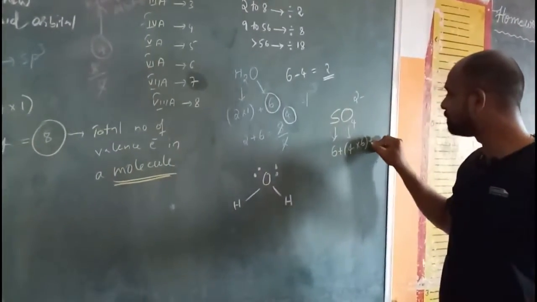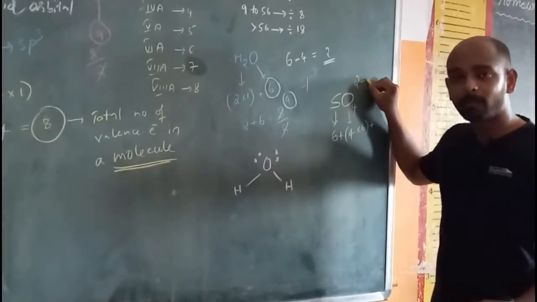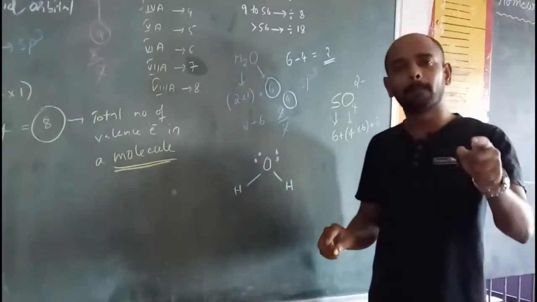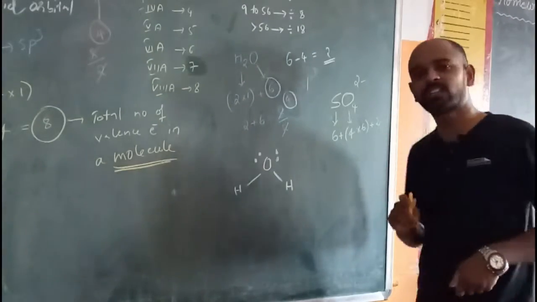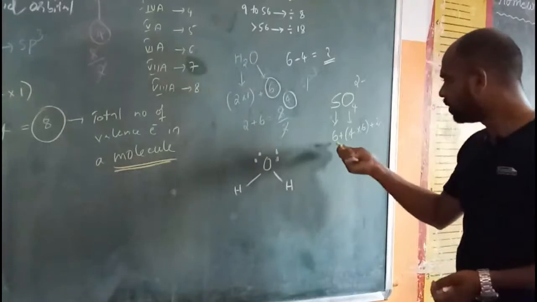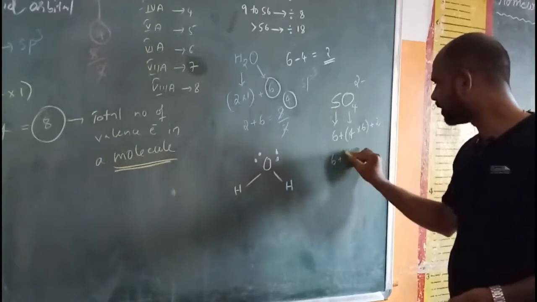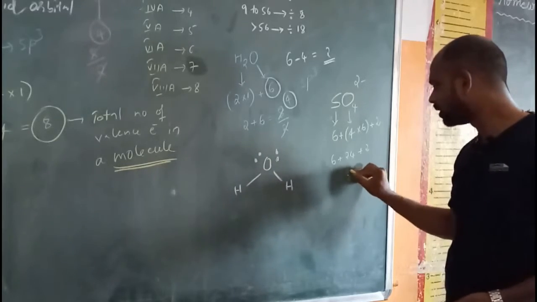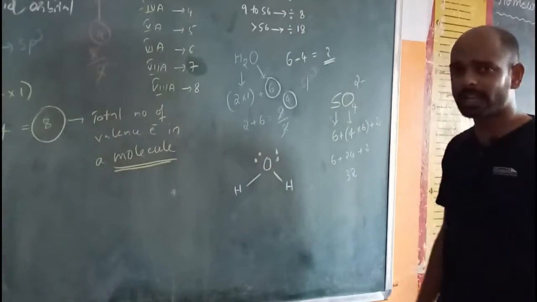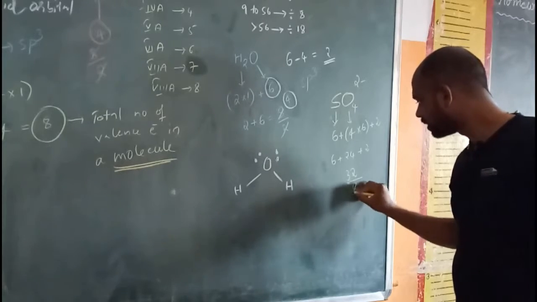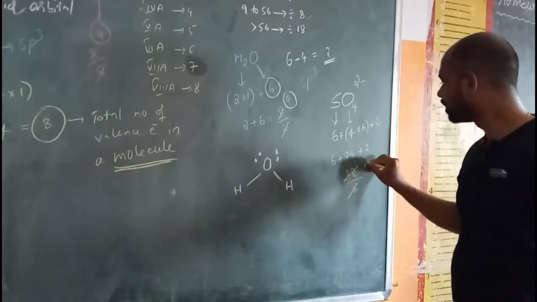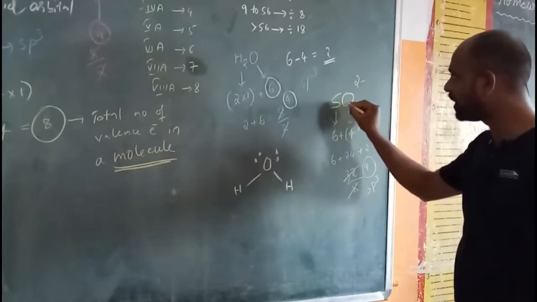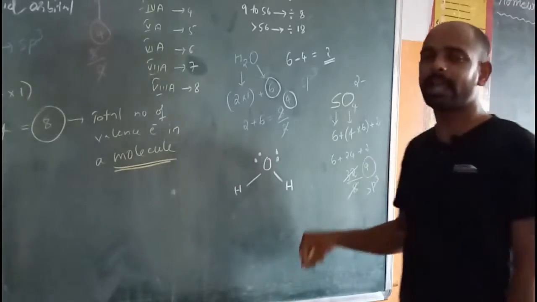So 6 plus 4 into 6, plus, here we have minus 2, it means we have to put plus 2 here. If you have plus 2, we have to put minus 2. So 6 plus 24 plus 2, the answer is 32. So 32 is the second case, divided by 8, which gives 4. It is sp3 hybridization, so the sulfate ion is sp3.